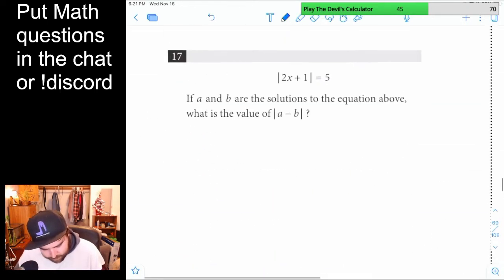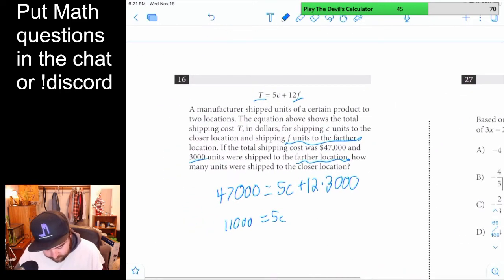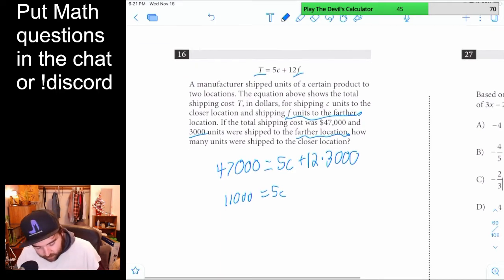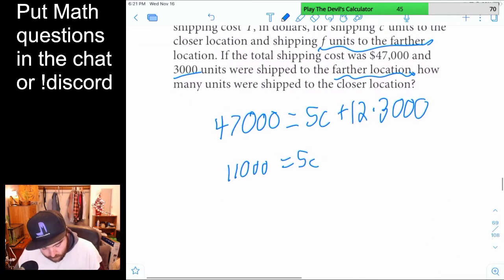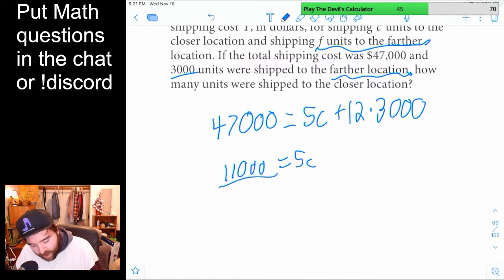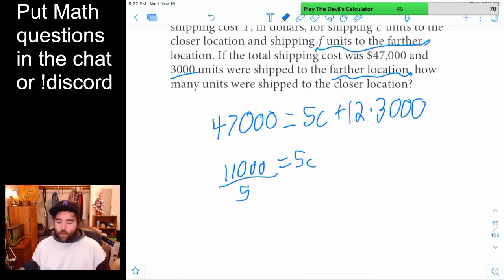Is that correct? Let's see. 47,000, 3,000, 12 times 3,000 is 36,000. So it's 11,000 equals 5C. And then we divide by 5. So 11,000 divided by 5.